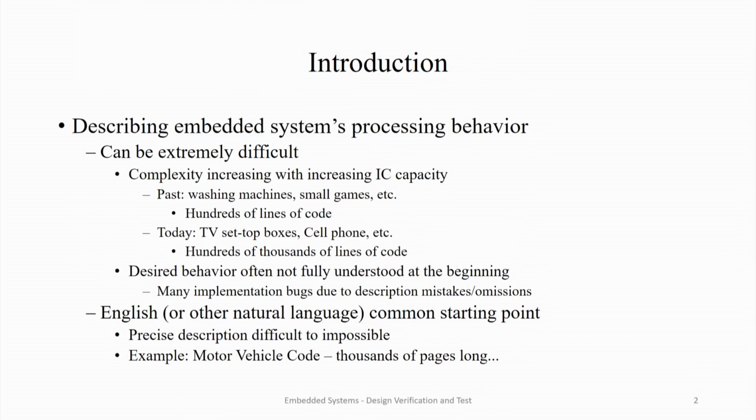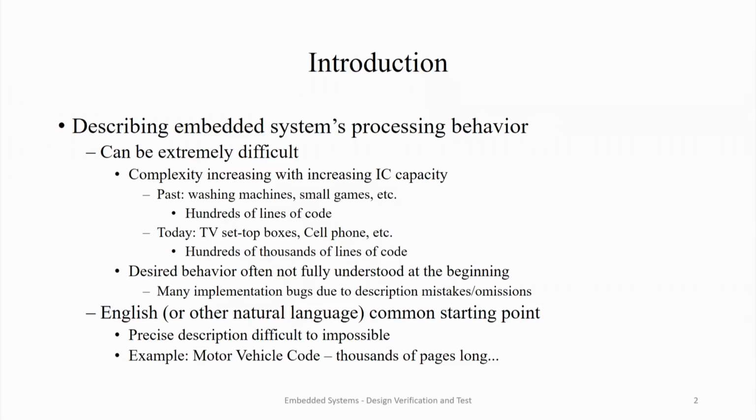Describing embedded systems processing behavior can be extremely difficult. Why? Because nowadays we have started to build very complex embedded systems with very complex functionalities, with complex interactions within these functionalities. Why? Because with the increasing IC capacity, the capability of designing very complex functions has increased.